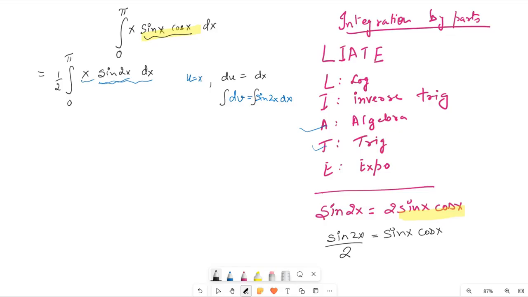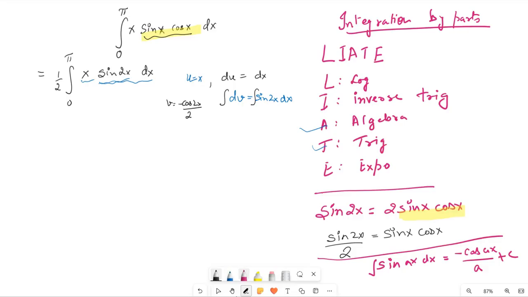The dv part we are going to integrate, so v is equal to, what is the formula for the integral of sine ax? That is negative cosine ax by a plus c. Here you don't have to write c because we are just finding v. Sine 2x's integral is negative cosine 2x by 2.